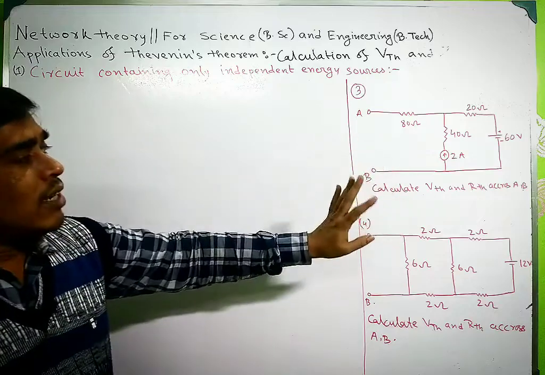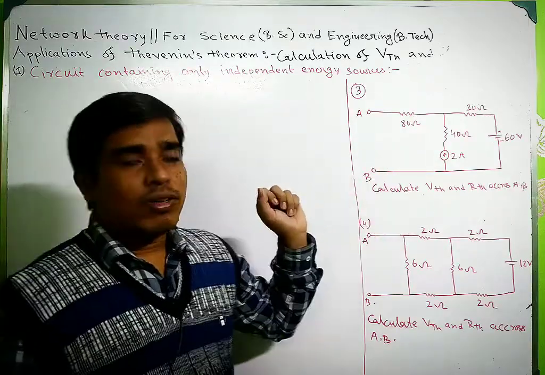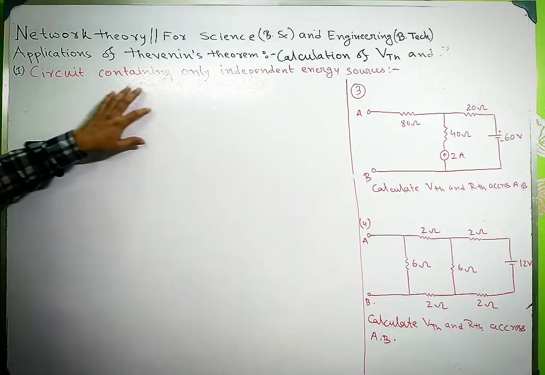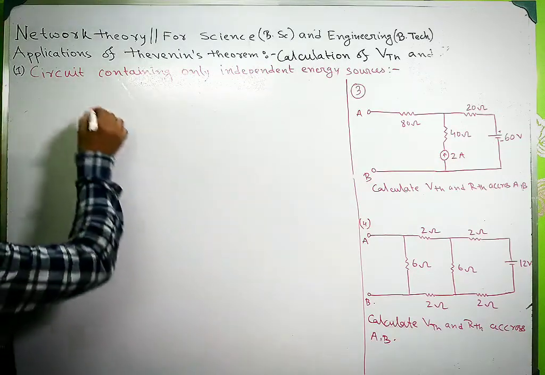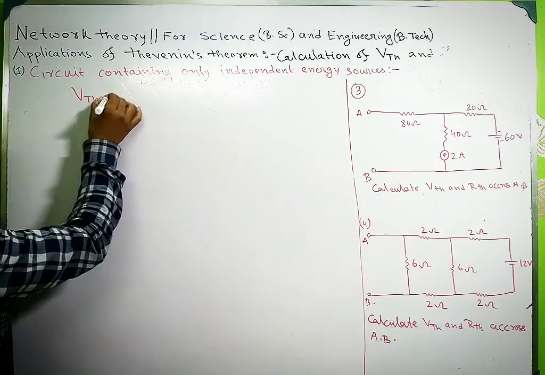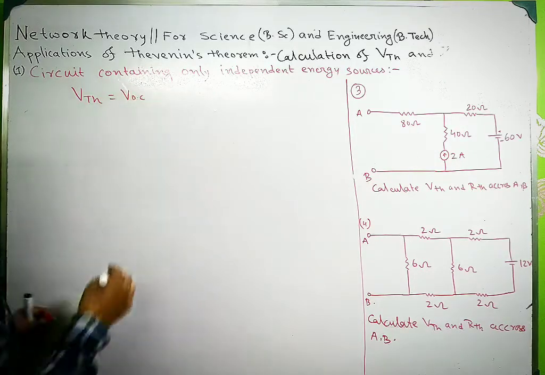Two circuits contain only independent energy sources. So for a circuit containing only independent energy sources, VTH equals VOC.